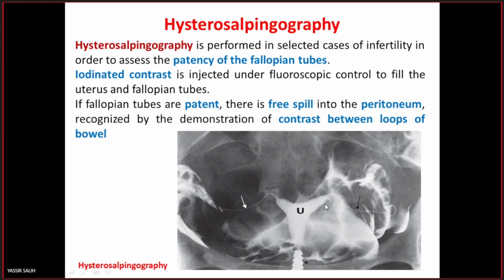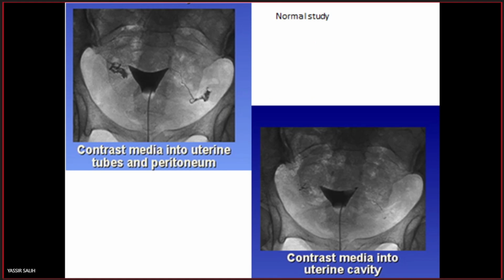So this is a hysterosalpingogram. This is a catheter or tube connected to the syringe containing contrast. Then we inject the contrast to perform this study. For example, here this is a catheter, or sometimes a cannula, inserted into the external uterine os.